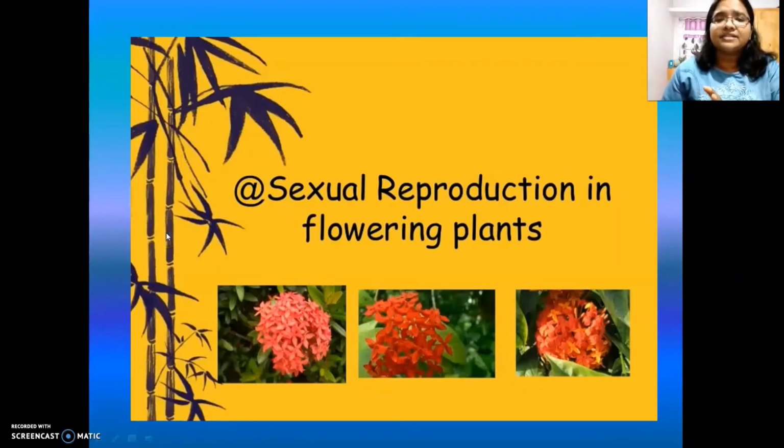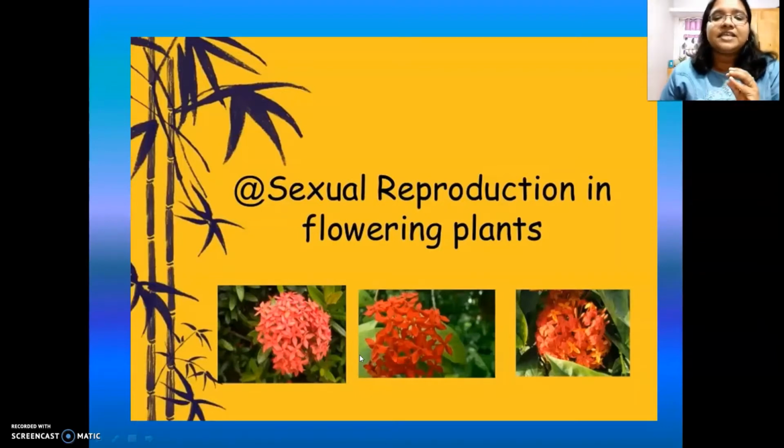And you know that angiosperms are the most advanced type of plants. Am I right? Yes. In angiosperms, the most important part of the plant, which helps in the process of sexual reproduction, is the flower.